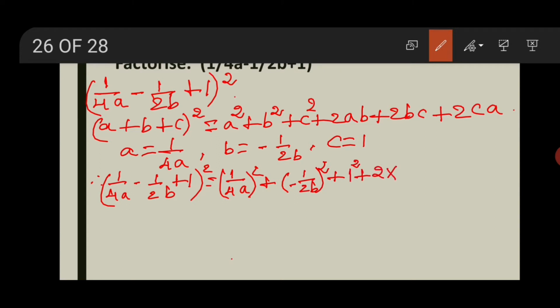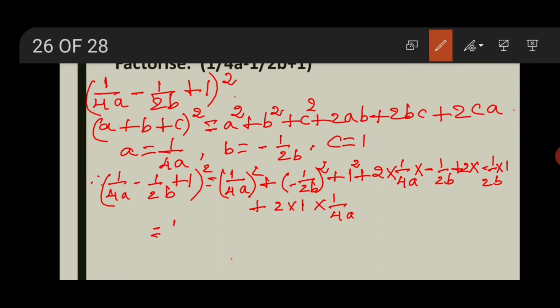It's a square plus 2 into value of a is 1 by 4a into value of b is minus 1 by 2b plus 2bc, 2 into value of b is minus 2b into value of c is 1, plus 2 into value of c is 1 into value of a is 1 by 4a.